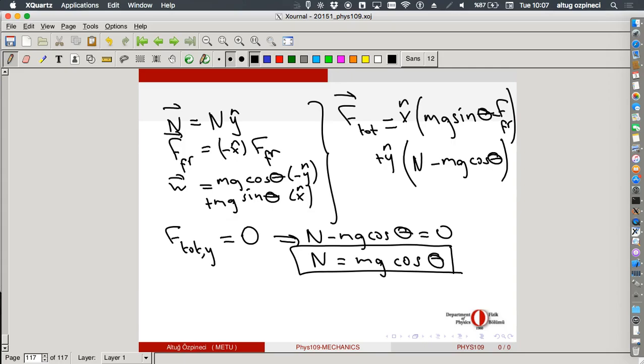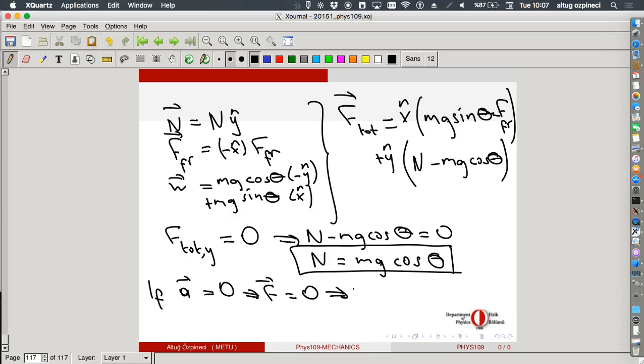Now, after this point, what are we trying to study? We might be told that the object is not accelerating. So what are the conditions on the parameters of our problem, like the mass, the g, the theta angle, under which my object will not accelerate? If the acceleration is 0, it tells me that it's not only the y component, but the x component of F should also be 0.